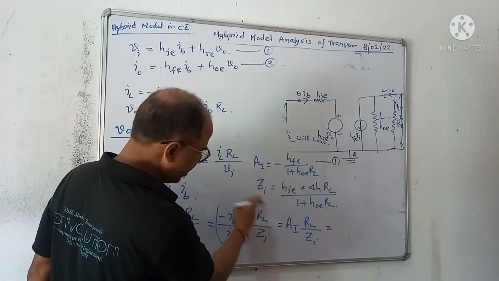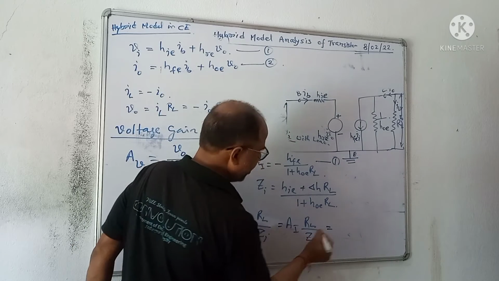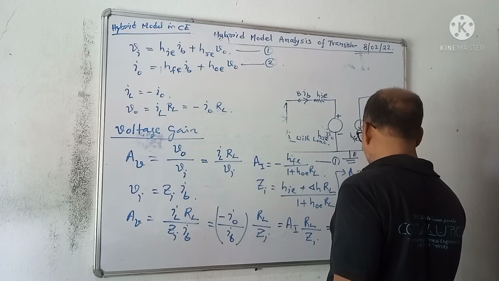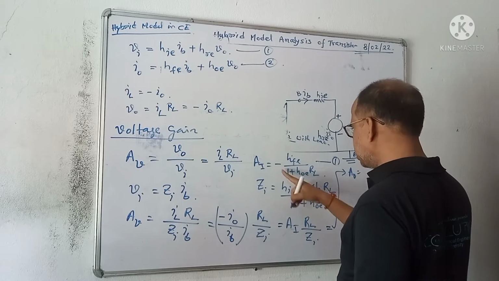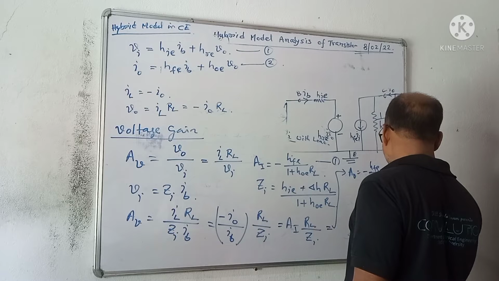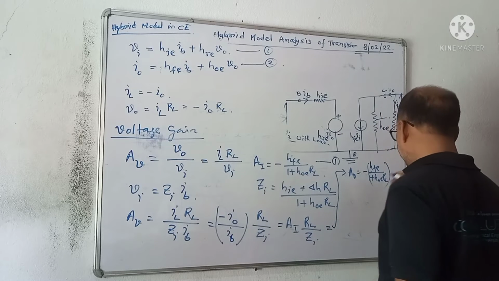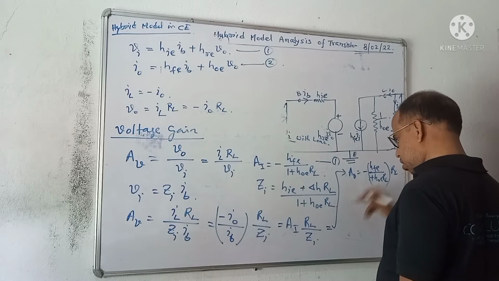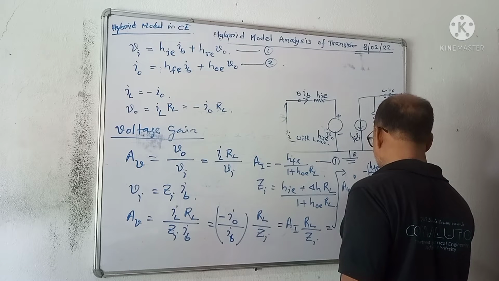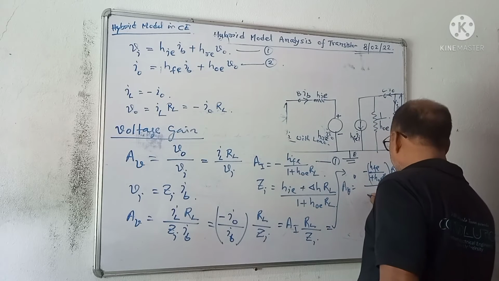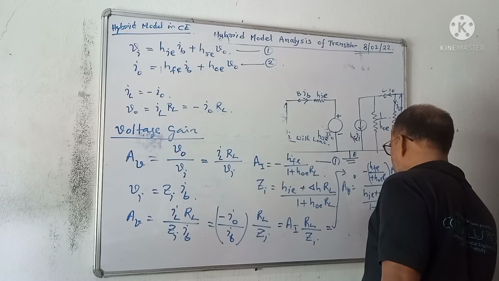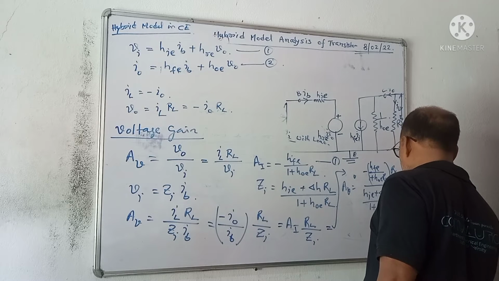Put AI and ZI here. Then we get AV equal to AI, meaning minus HAP by 1 plus HOE into RL, by ZI, ZI meaning HIE plus delta H into RL by 1 plus HOE into RL.